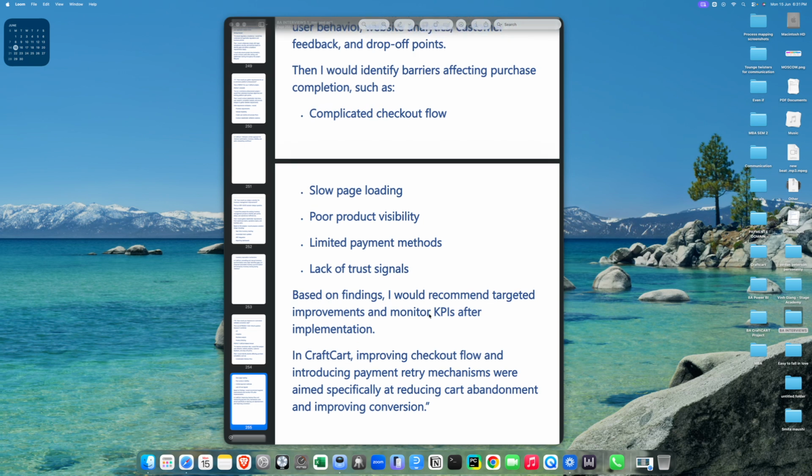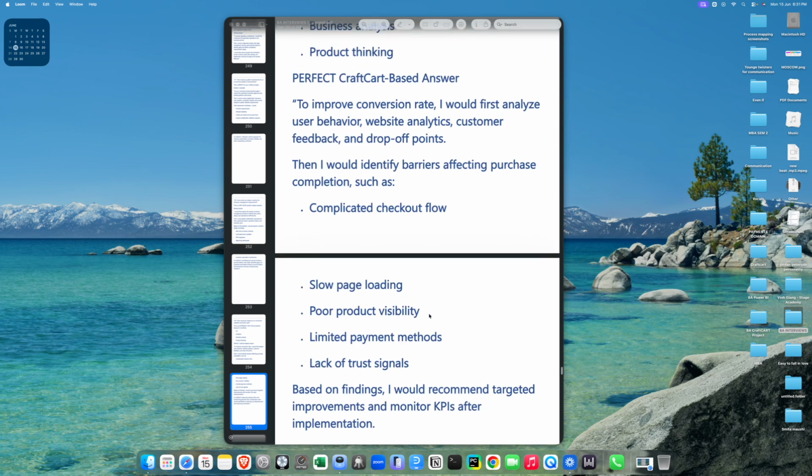Based on the findings, I would recommend targeted improvements and monitor KPIs, that's the key performance indicators, after implementations. So for example, in CraftCart, improving checkout flow and introducing payment retry mechanisms were aimed specifically at reducing cart abandonment and improving conversion.